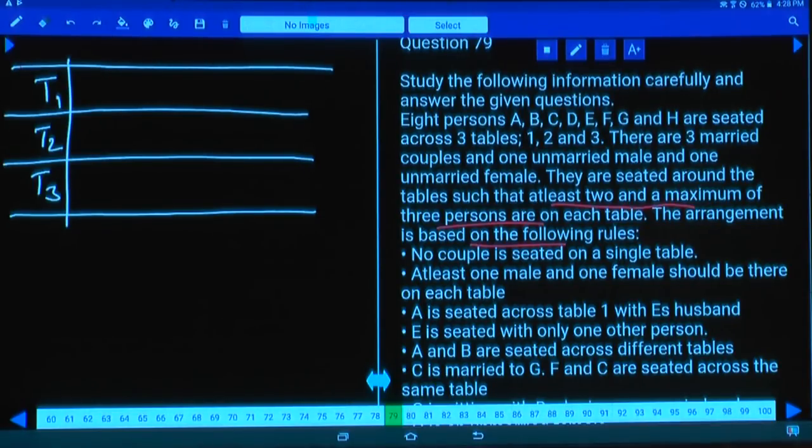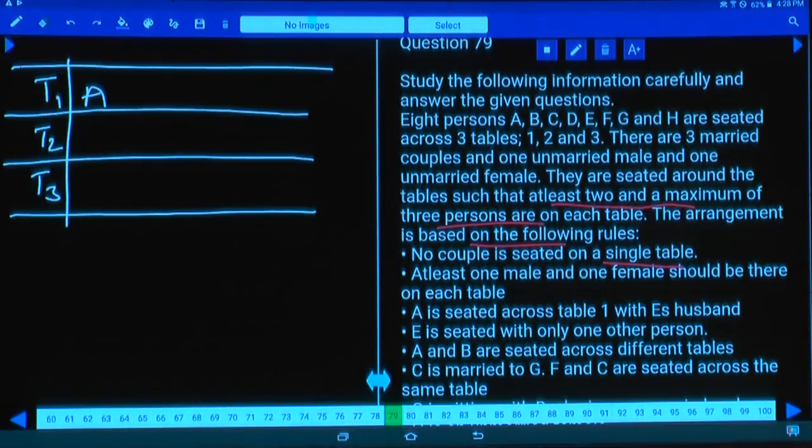No couple is seated at a single table. That means the couples are seated at 2 different tables. And at least 1 male and 1 female should be there on each table. A is seated at table 1 with his husband.